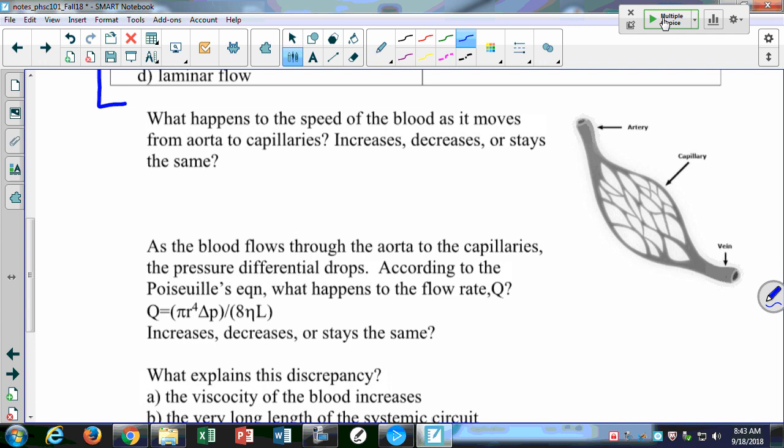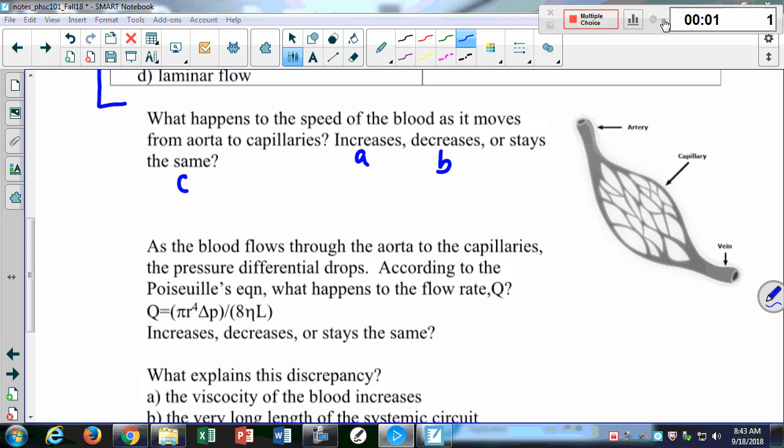All right. What happens to the speed of the blood as it moves from aorta to capillaries? Does it increase? Let's do this as a clicker. Increase, decrease, or stay the same? When it moves from the aorta to the capillaries, what happens to the speed?